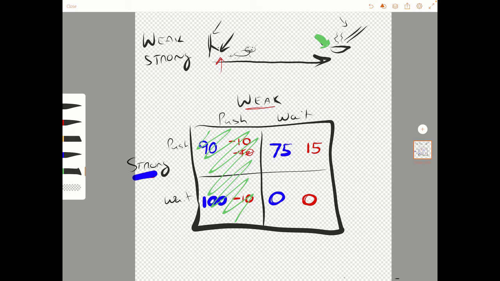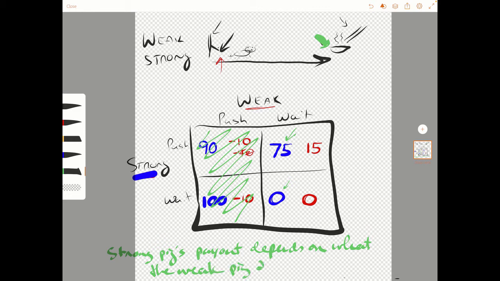But if the weak pig waits, then the strong pig, if he waits, he gets 0. In order to get any kind of positive payoff, he has to push. So in this case, the strong pig's payout depends on what the weak pig does.